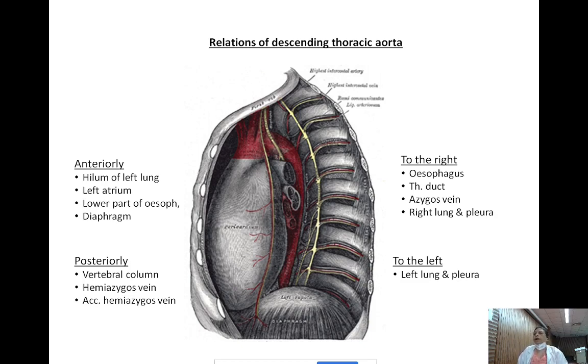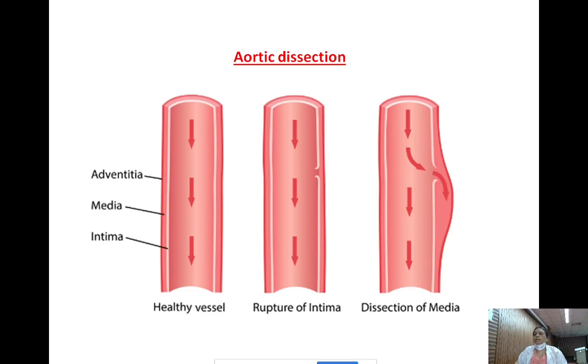Okay. Now you come to one clinical picture I have kept, that is the aortic dissection. What is aortic dissection? Now it is a very serious condition. It is usually a rare condition and very serious, and it occurs in old age.